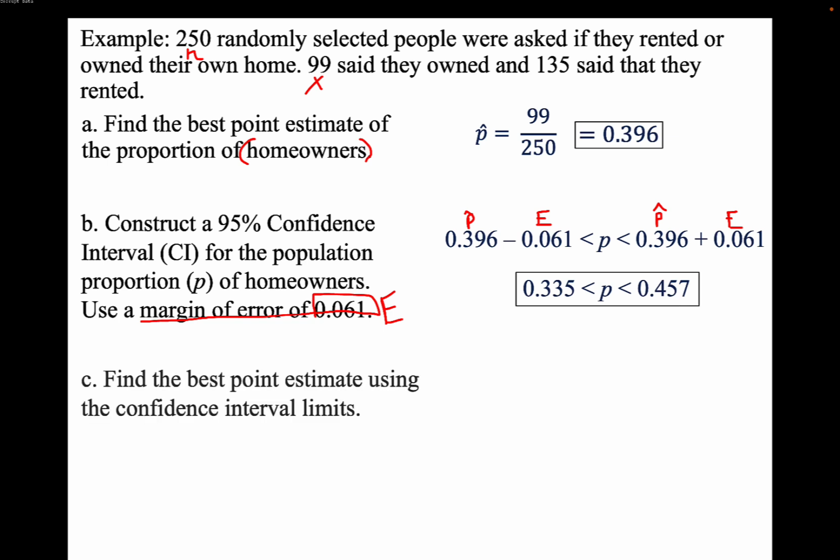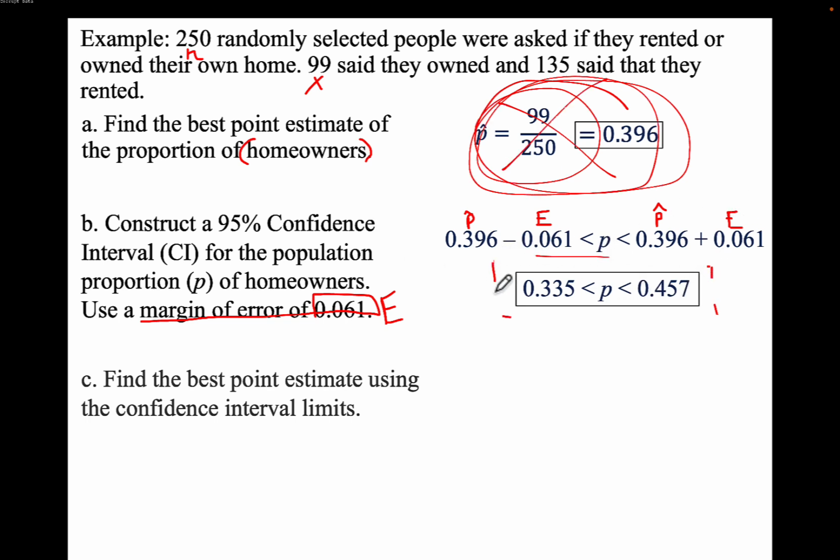All right, part C says find the best point estimate, which we already did, but they want us to use a different method. They want us to use the confidence interval limits. Okay, so if for some reason we didn't know the 99 and the 250, so we weren't able to use this, but we did have the confidence interval here, and we want to work backwards.